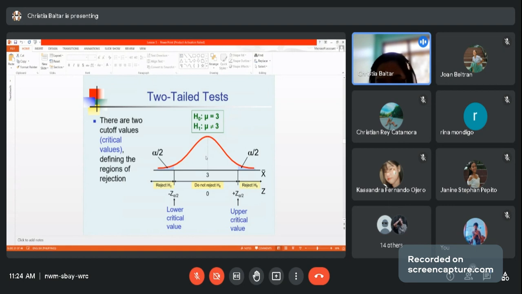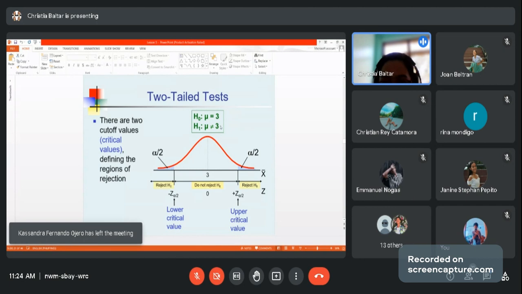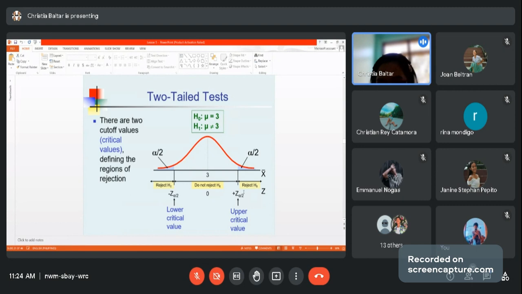If your z-test falls within the rejection region, for a two-tailed test, it is either less than the negative value of z, or greater than the positive value of z. These critical values are also called the cutoff values.